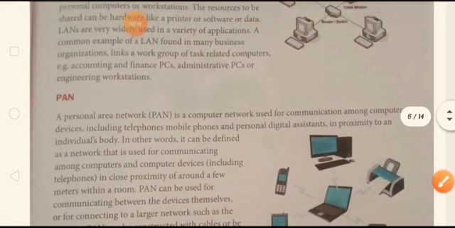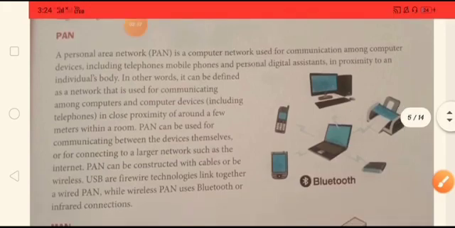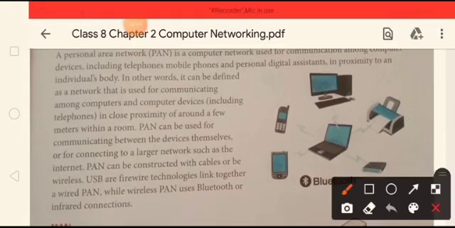Now next one is PAN. A personal area network, PAN, is a computer network used for communication among computer devices, including telephones, mobile phones, and personal digital assistants in proximity to an individual's body. In other words, it can be defined as a network that is used for communicating among computers and computer devices, including telephones, in close proximity of around a few meters within a room.